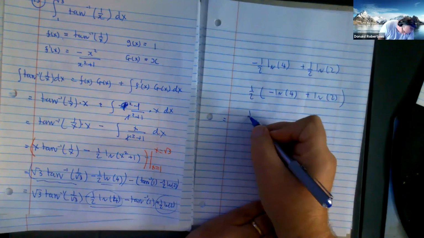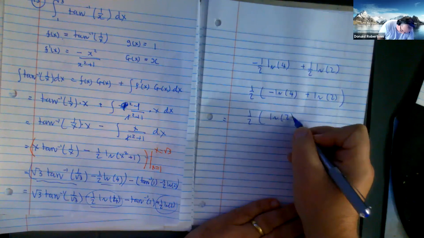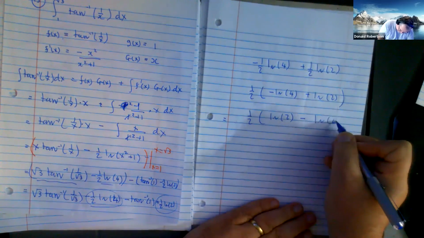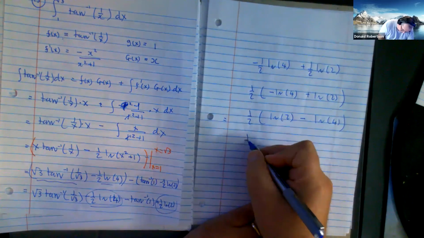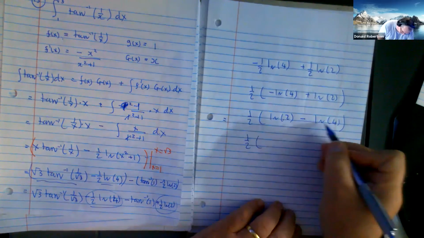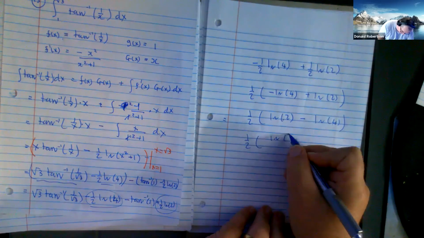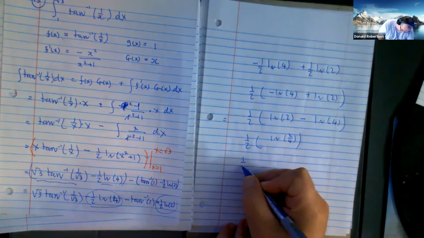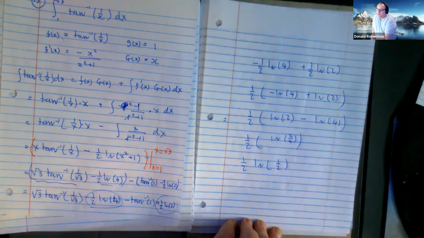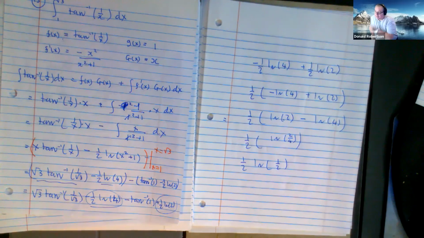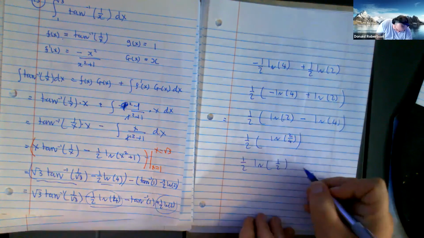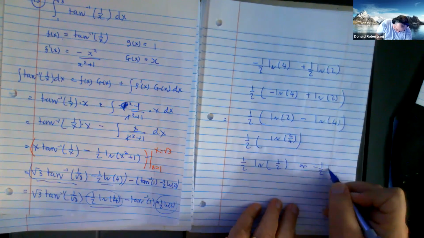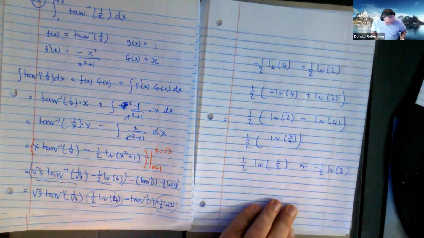If I rearrange the order, wouldn't it be log 2 take away log 4? And wouldn't that get me 2 divided by 4? And wouldn't that get me 1/2 the log of 1/2? So I managed to combine them. Agreed? Or negative 1/2 log 2, if you like that, but both are correct.